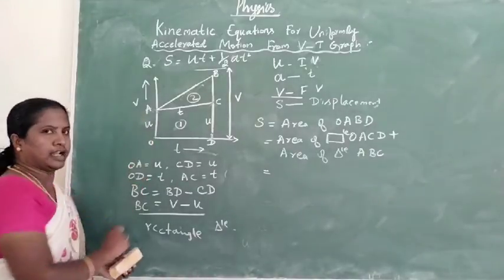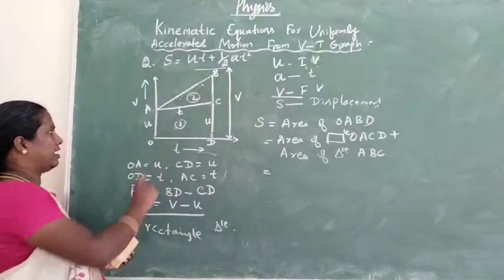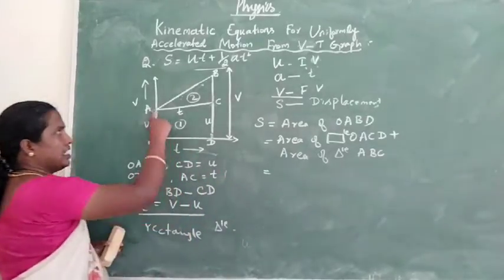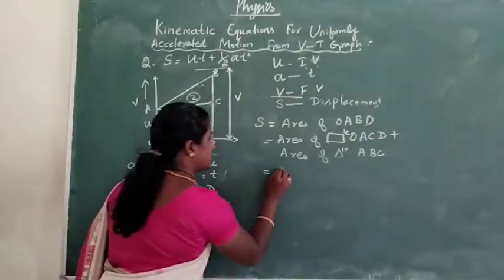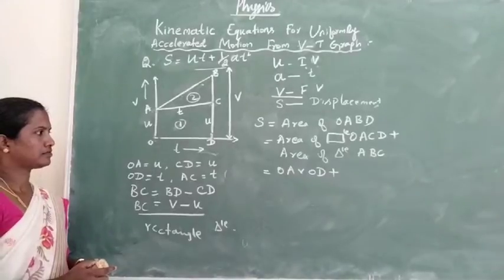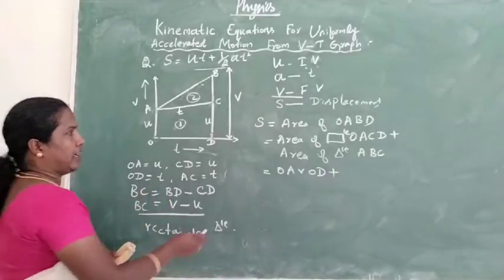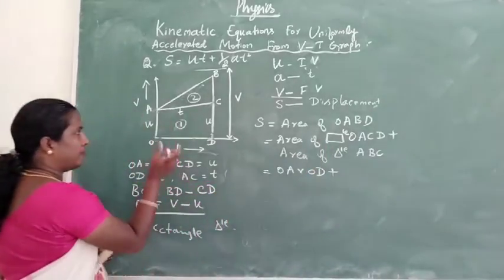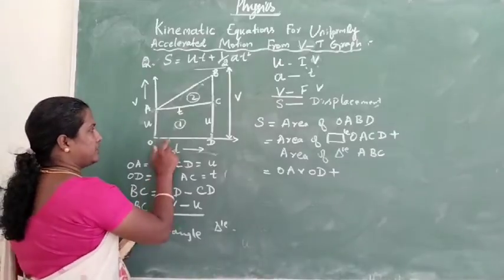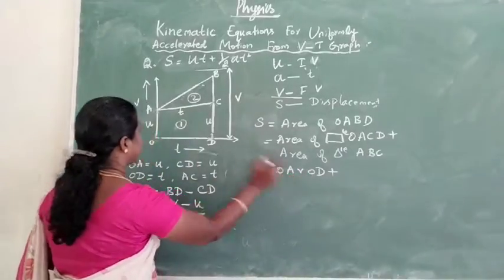Now, what is the area of a rectangle? The area of a rectangle is length into breadth. So length is OD and breadth is OA.